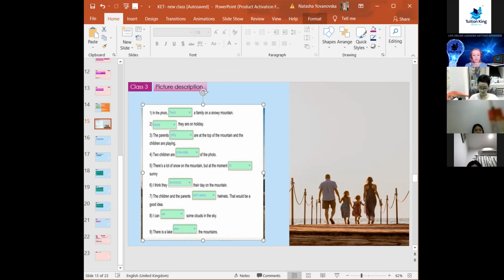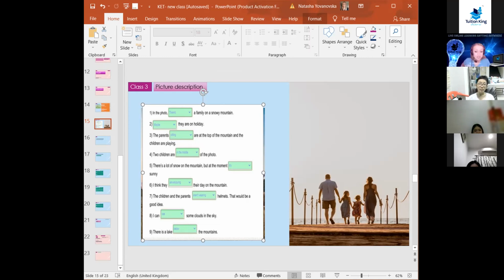There's a sea below the beach. All right, good. Good. Anything else? No. Perfect. That was very good. That was excellent. Good job.